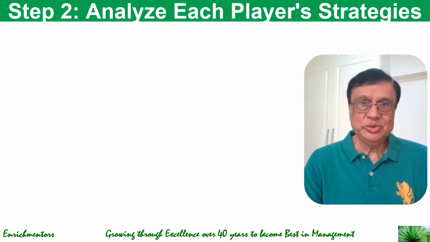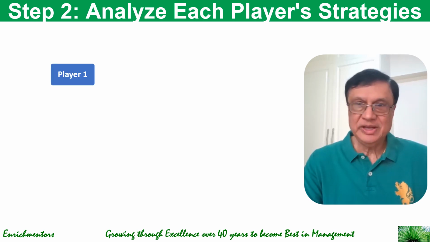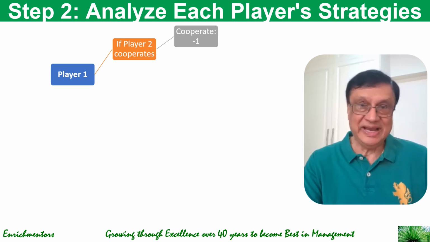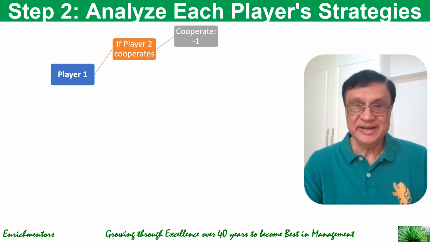Then what you need to do is analyze each player's strategies. For player 1, it depends on player 2's strategy. If player 2 cooperates, player 1 can cooperate, getting a 1 year sentence, as player 2 will also get.